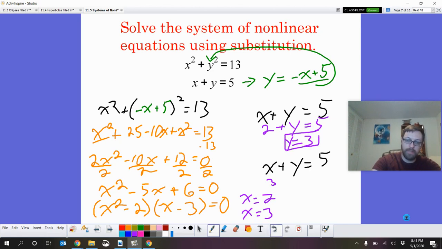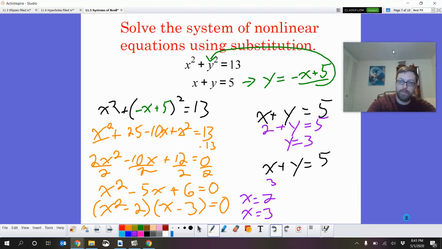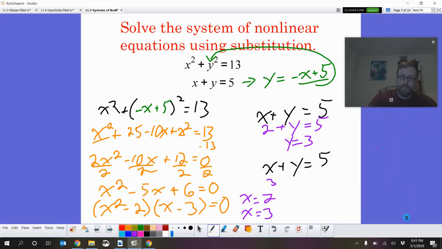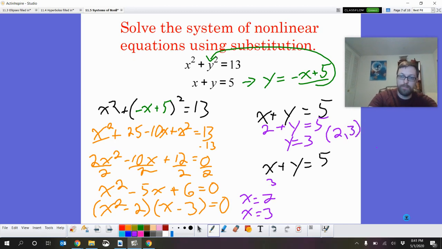Oh, don't box that, because that's not actually my answer. Here, let me get out of the way. So we get a point here at 2, 3. And the other one, we got 3 plus y equals 5. So we subtract a 3, we get y equals 2. So this point is at 3, 2.